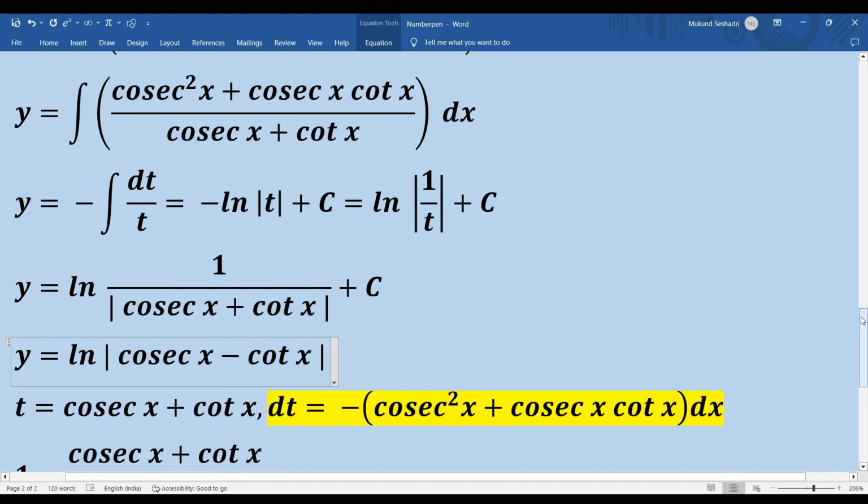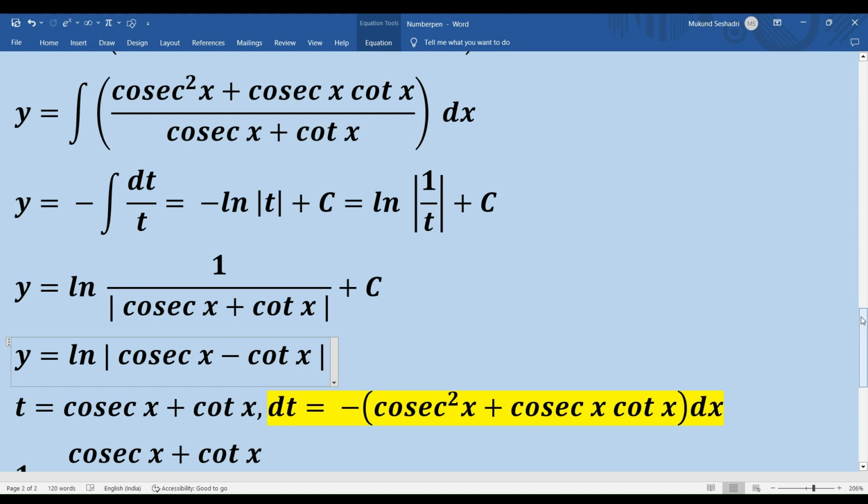And then my 1 remains as it is, I don't disturb it, but my denominator becomes a mod of cosecant x plus cot x into cosecant x minus cot x, which is nothing but cosecant square x minus cot square x, which we know from our trigonometric identities is equal to 1, right?